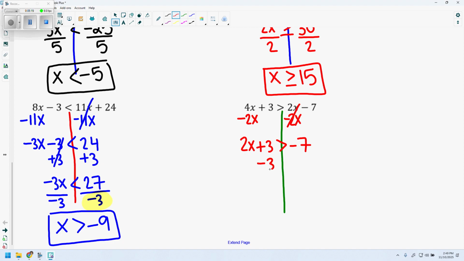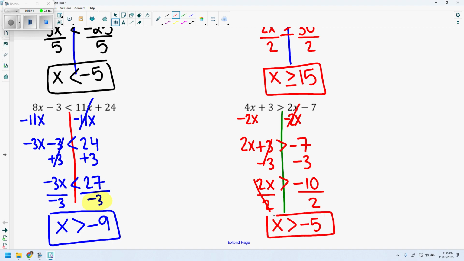Then I'm going to subtract 3 on both sides. 2x is greater than negative 10. Then I'm going to divide both sides by 2. I do not have to flip my sign, so I get x is greater than negative 5. I hope that helped.